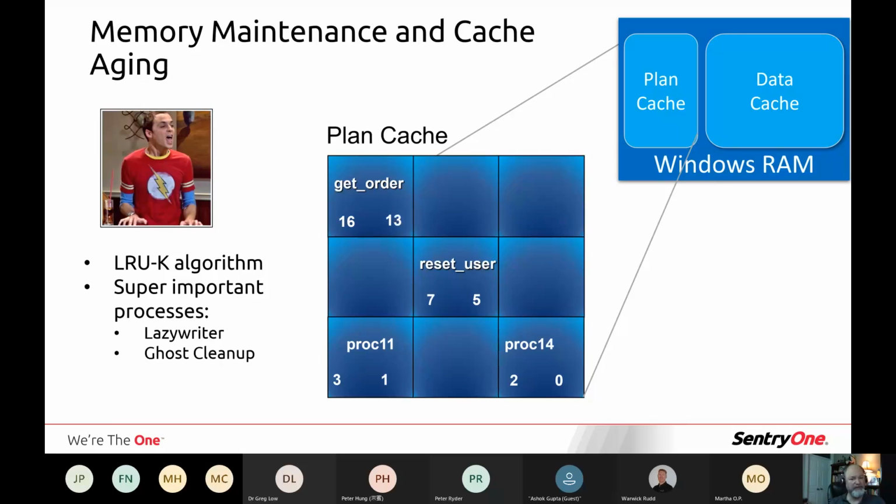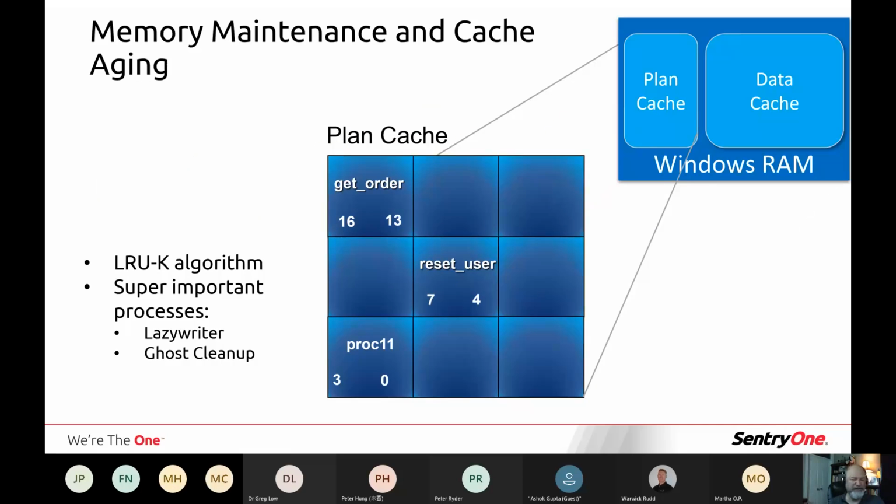If there is memory pressure, though, we're not actually directly going to evict it from cache. What we do is we flip a bit in that header information, the metadata information, and we mark it as ghosted, so that the ghost cleanup process, which is our kind of garbage collection service, will then evict it from the cache, right?